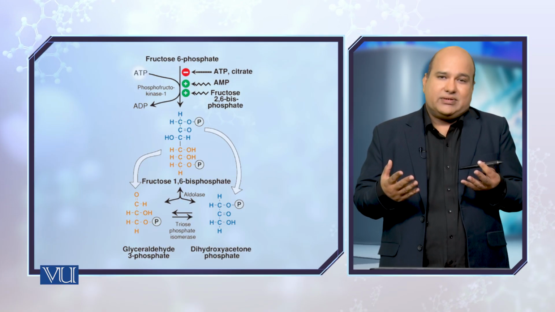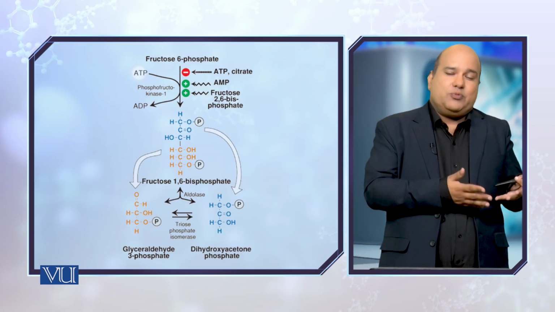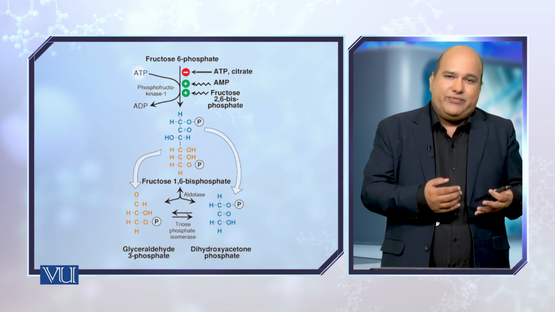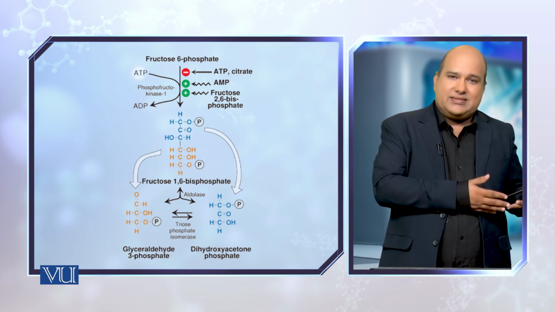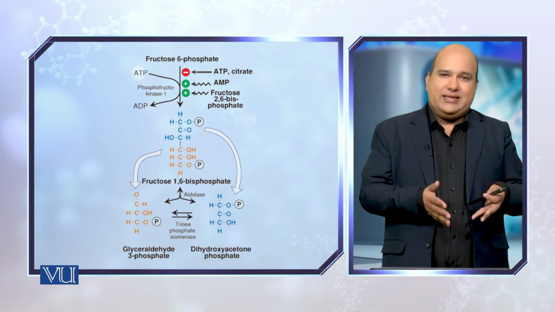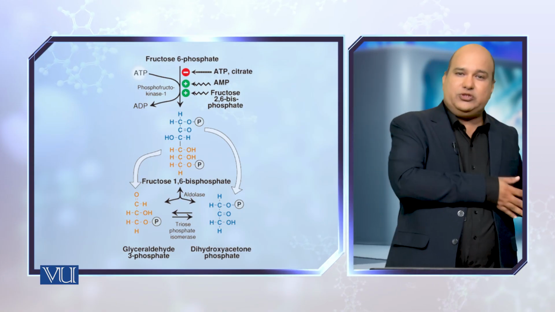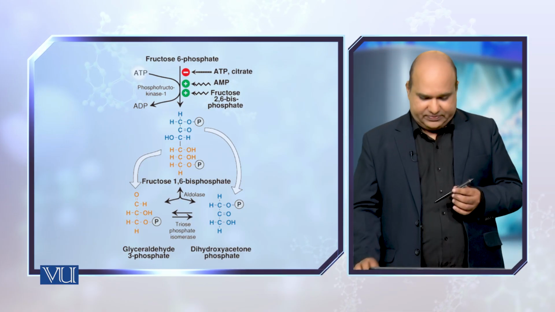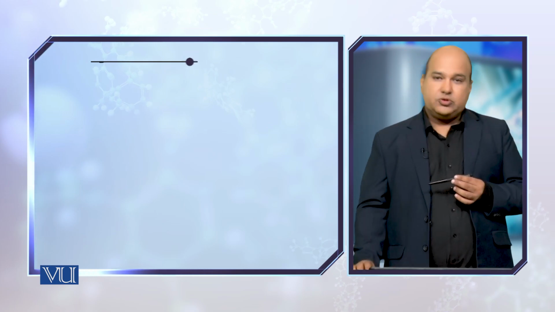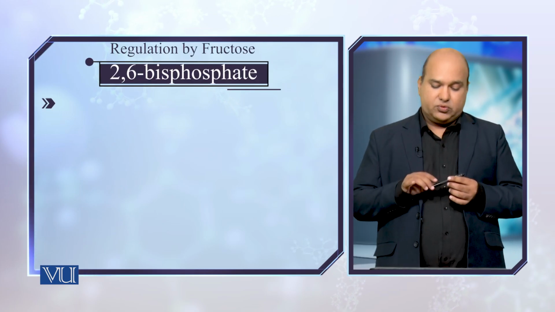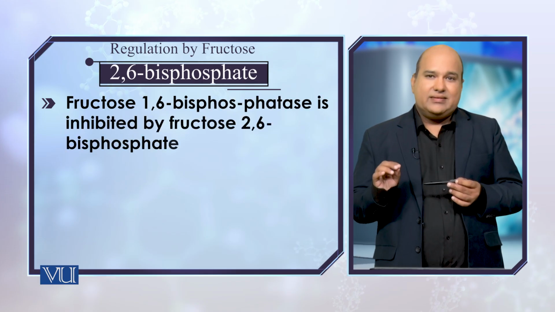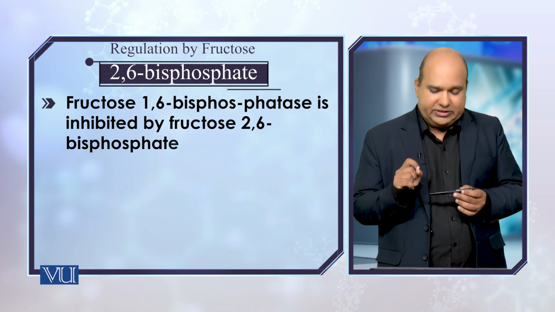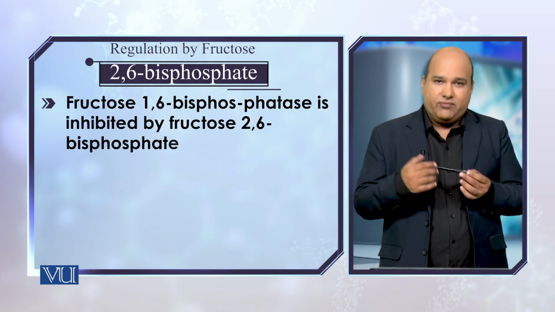So you can think, if something is a very highly energetic activator of glycolysis, it will definitely be a very potent inhibitor of gluconeogenesis, because gluconeogenesis is opposite to glycolysis. In addition to fructose 2,6 biphosphate, if the energy state is low, what will happen?